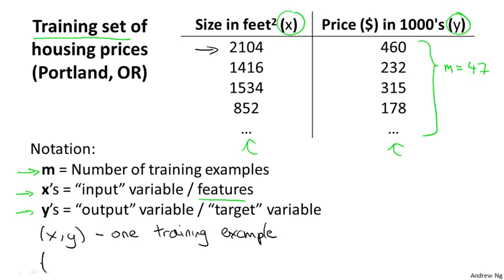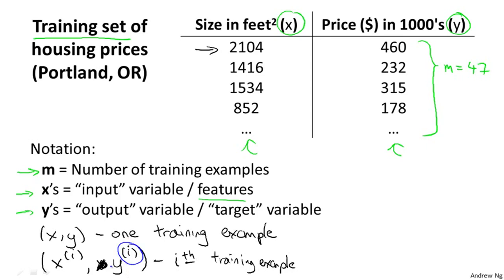And to refer to a specific training example, I'm going to use this notation (x^(i), y^(i)), and I'm going to use this to refer to the ith training example. Right? So this superscript i over here, this is not exponentiation.